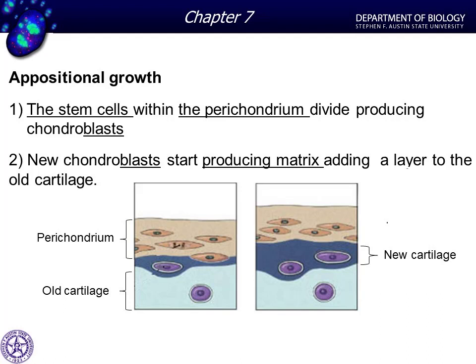And that appositional growth is going to be in the position that is the outermost layer of the cartilage itself, but it's also this first layer adjacent to the cartilage, that first layer of our perichondrium. Because remember, our perichondrium, much like our periosteum, has 2 layers: the outer fibrous layer and the inner what layer?